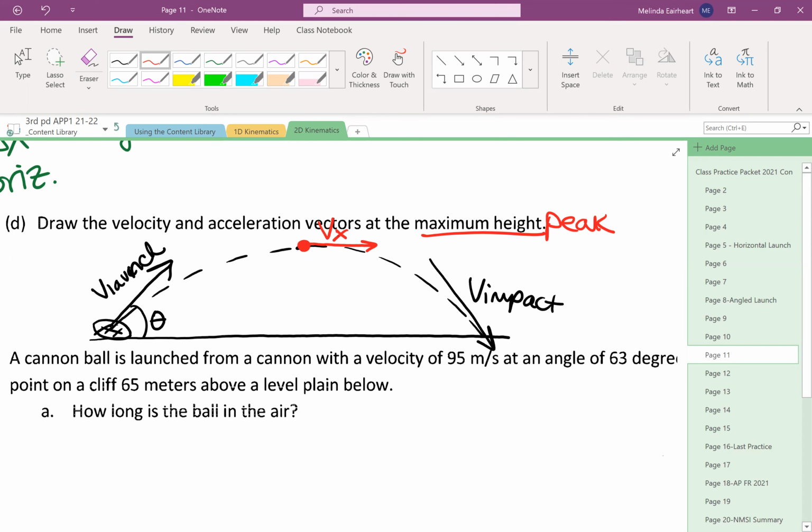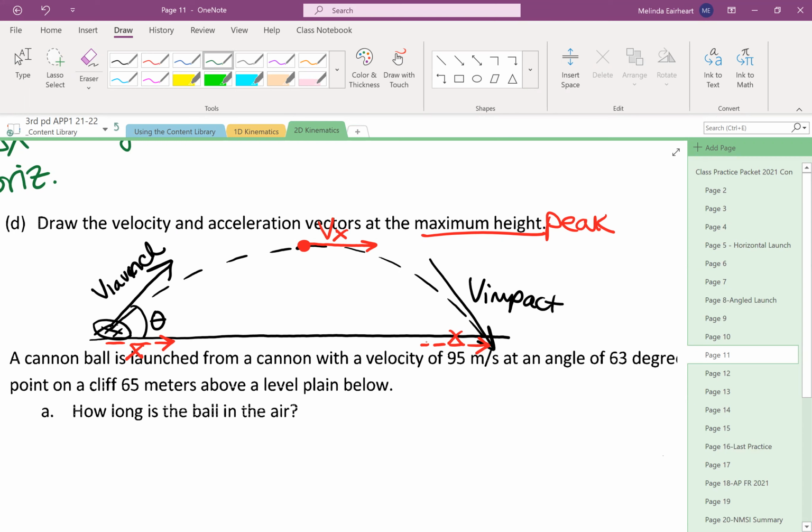Hopefully it's equal to the x component of your launch speed and the x component of your impact speed. So all those red horizontal arrows, one is solid, two are dashed. The beginning and end are components, but there at the peak, the velocity is the component. So it's all of it.